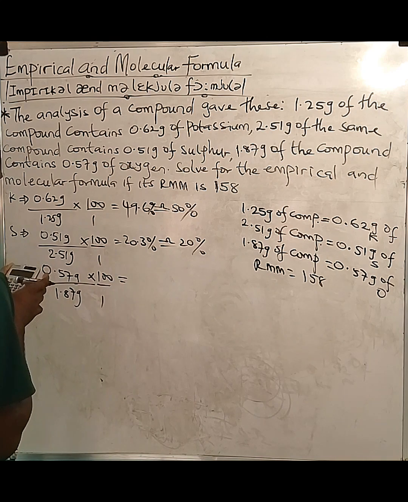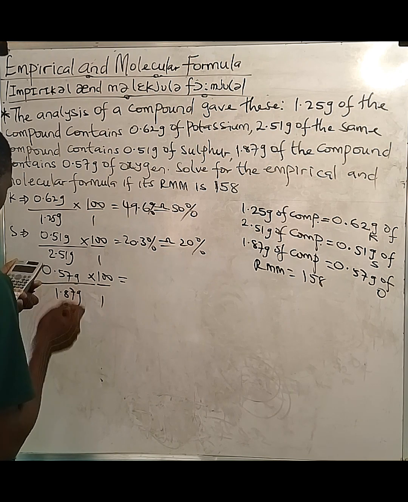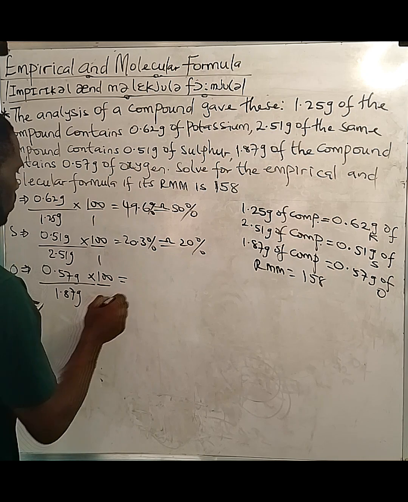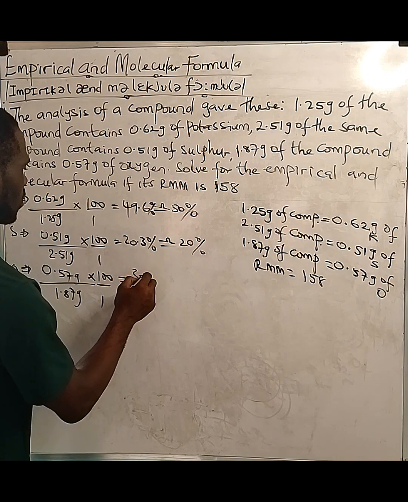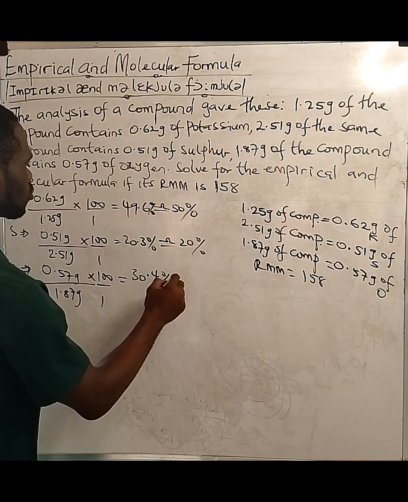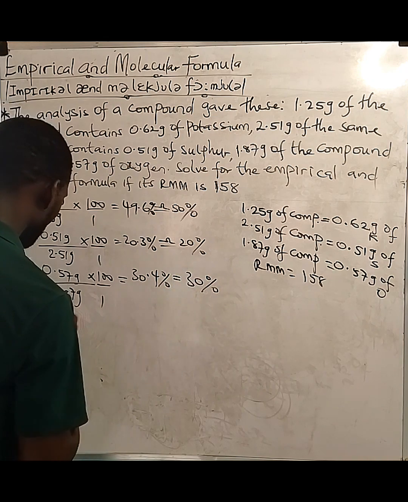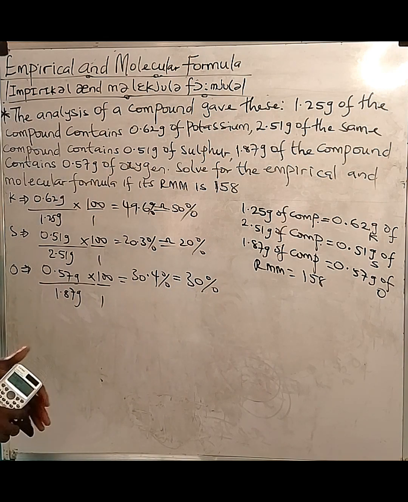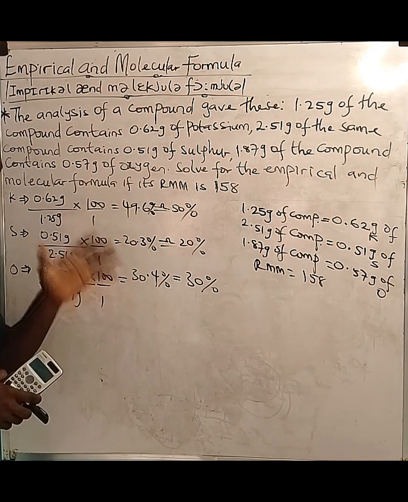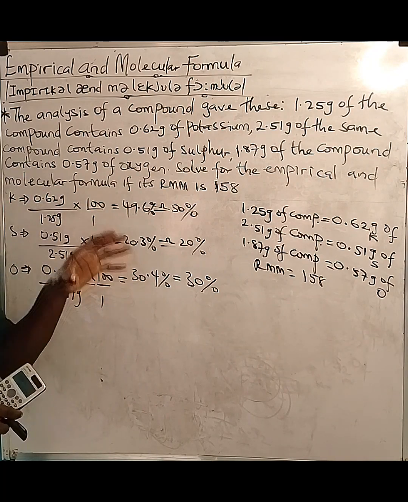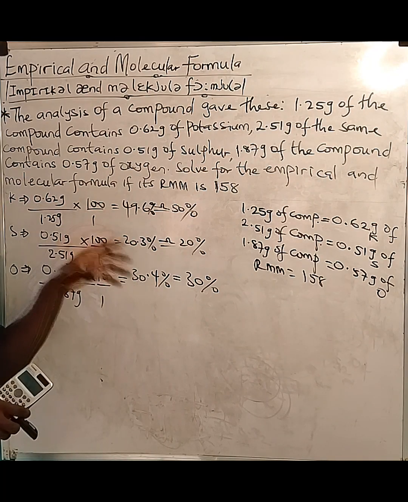So that is 0.57 times 100 divided by 1.87, which is 30.4%, which you can assume to be 30%. So right here we've gotten the percentage composition of each element in this compound.